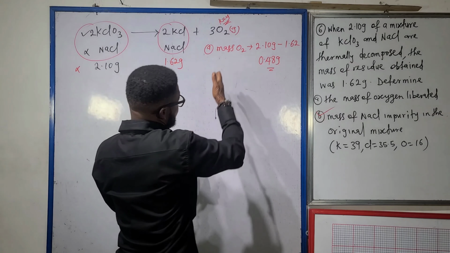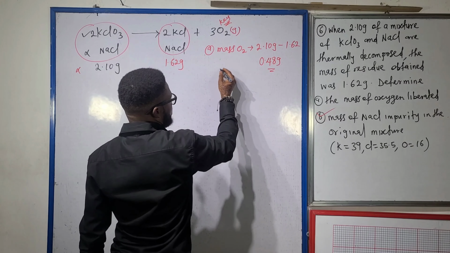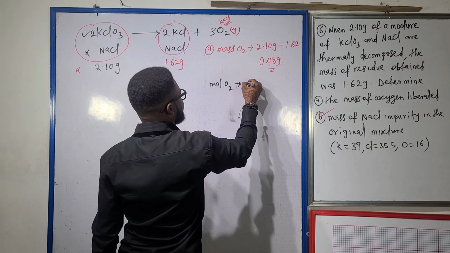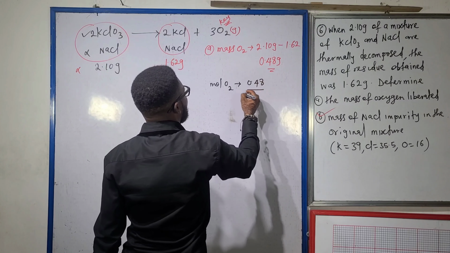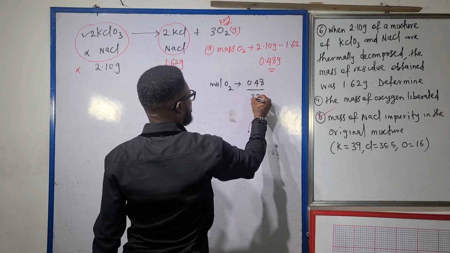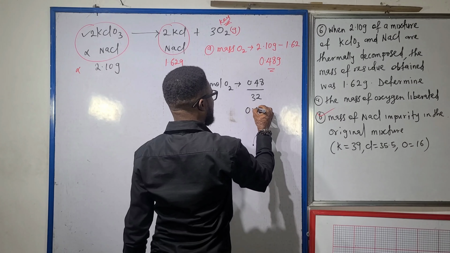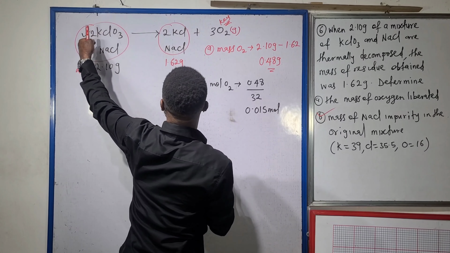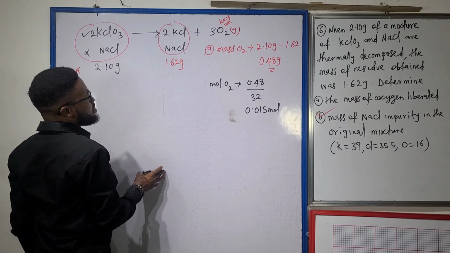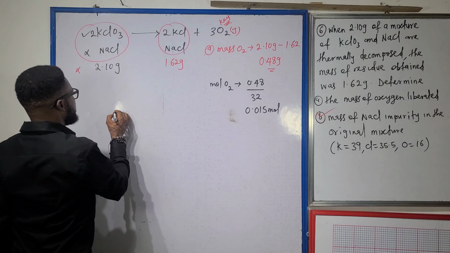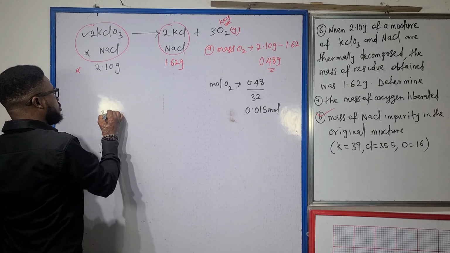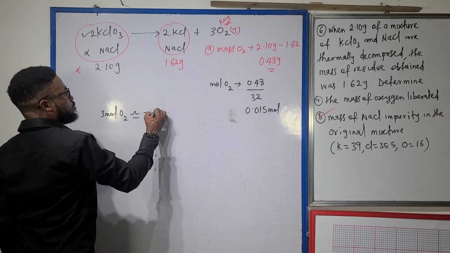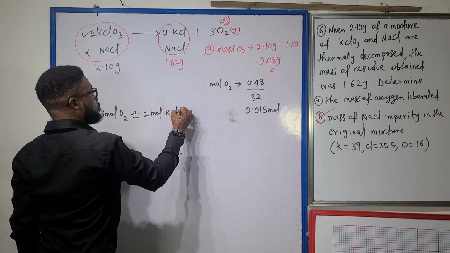So in this case, since this is my key, the first thing to do is to convert it to mole. So the mole of oxygen is 0.48 divided by 16 times 2, which is 32. It's going to give me 0.015 mole. Now I'm going to use this to unlock my potassium chlorate(V), and what that means here is that 3 mole oxygen is stoichiometrically equivalent to 2 mole potassium chlorate(V).